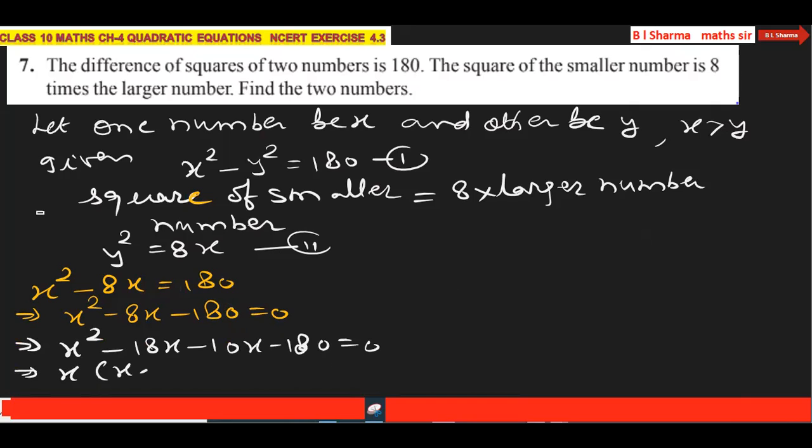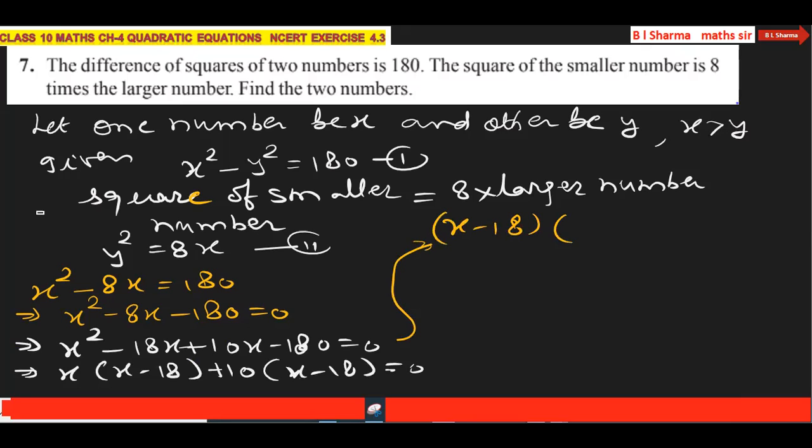Taking x common, x minus 18, taking minus 10, sorry, this is plus. Minus 18 plus 10x, so taking plus 10 common, so x minus 18 is equal to 0. Therefore, again taking x minus 18 common, that is x plus 10, this is equal to 0.